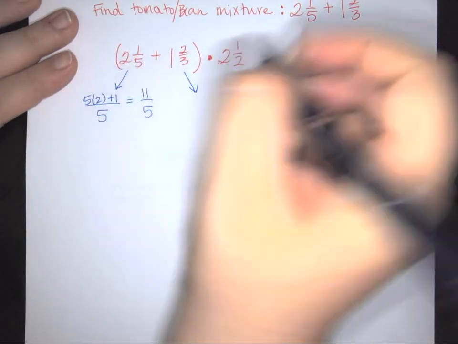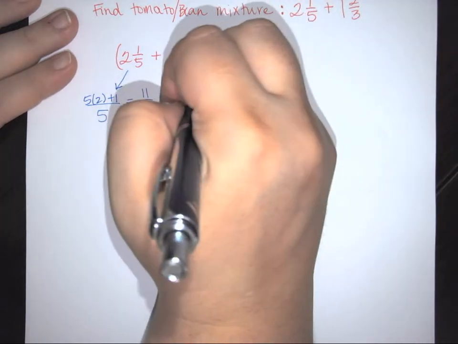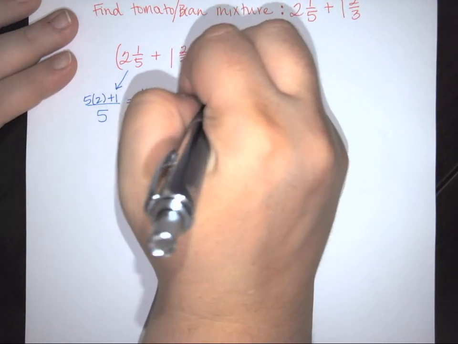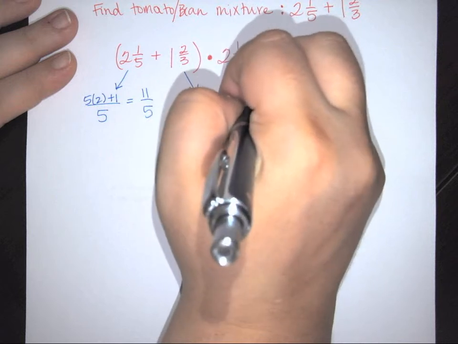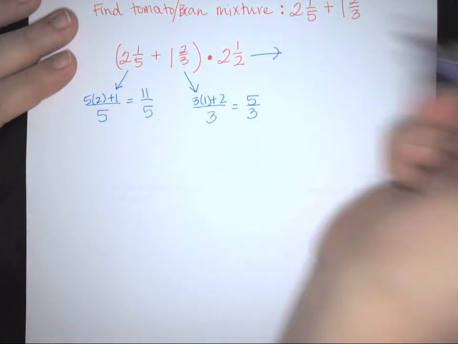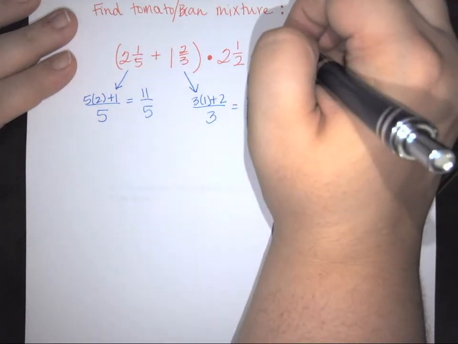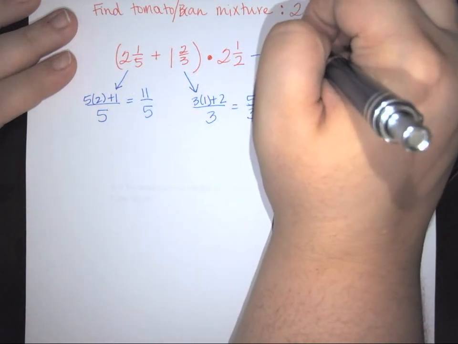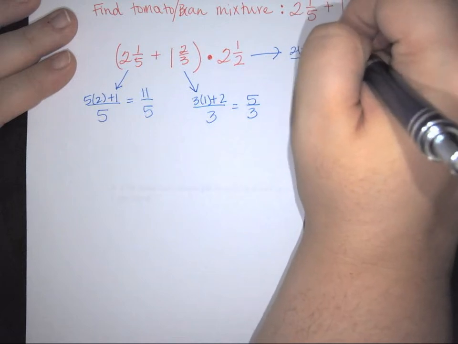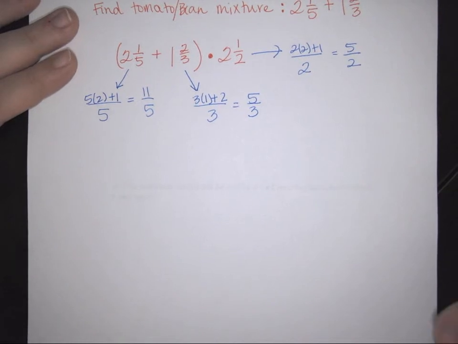If I look at this next one, I'm still going to have a 3 in the bottom, and this is 3 times 1 plus 2, which gives me 5/3. Last, I need to look at 2 1/2. Again, I'm going to have 2 in the bottom, and this is 2 times 2 plus 1, which equals 5/2.